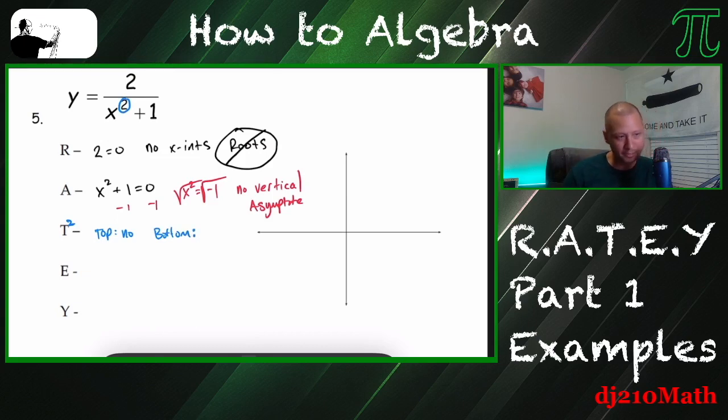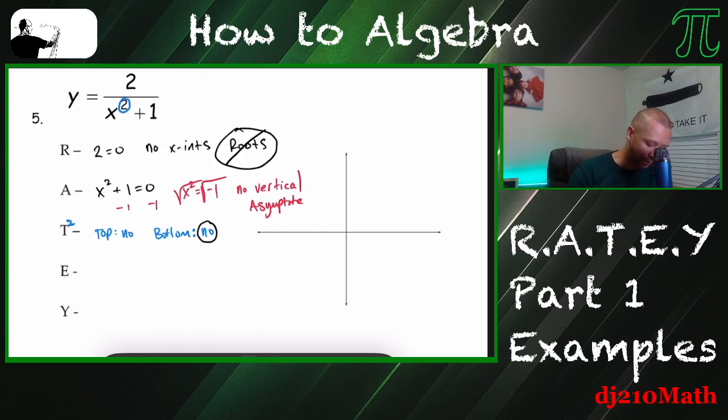Well, I can't factor x squared plus 1. It doesn't factor anymore. So, no, there isn't. As before, this is telling me something about the graph's behavior at the vertical asymptote. Oh, but we don't have a vertical asymptote. So let's just see what happens.